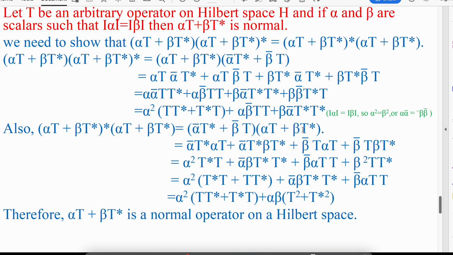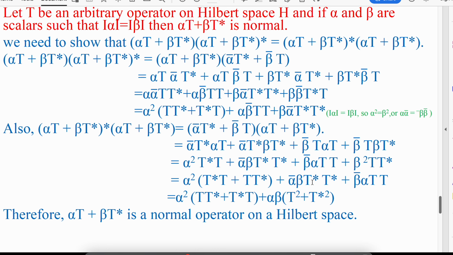If we multiply these, we get alpha square T T star, alpha beta bar T T, beta alpha bar T star T star, and beta square T star T. Because alpha square is equal to beta square, we can take it common: alpha square times (T T star plus T star T), plus the two terms alpha beta bar T T and beta alpha bar T star T star.